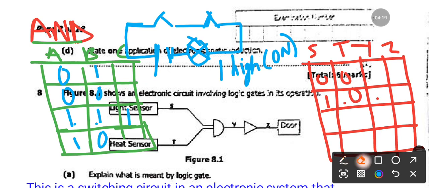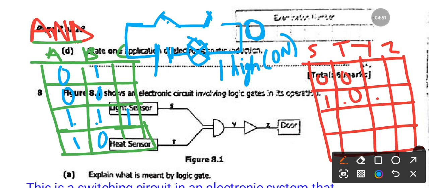Then if you think about it, in a situation where only one input is 1 and the other input is 0, meaning only one switch is closed and the other switch is not closed, then the light bulb cannot light up, meaning that the light bulb would be off, and the output would be 0.